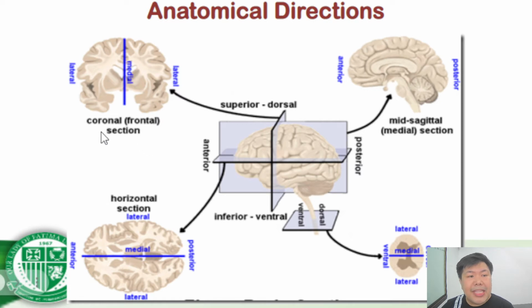Okay? You call that coronal. So in this image, we can see, no? May middle part and we call that medial. So medial are structures that are found right in the middle. Pag nasa gitna, medial. At pag nasa gilid or outside, going outside of the midline, we call it lateral.